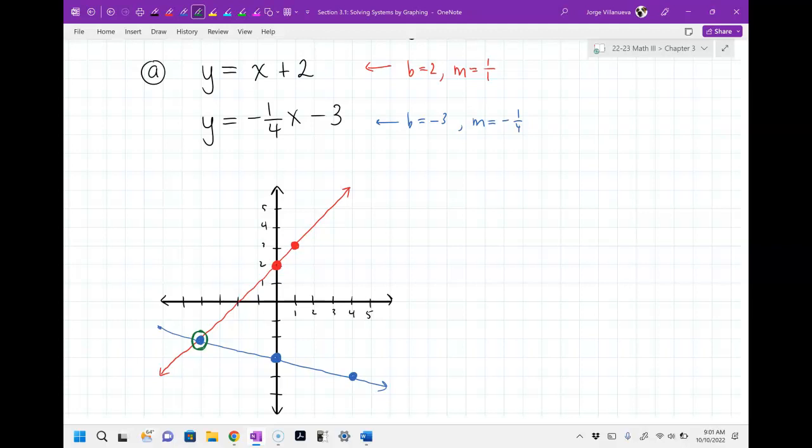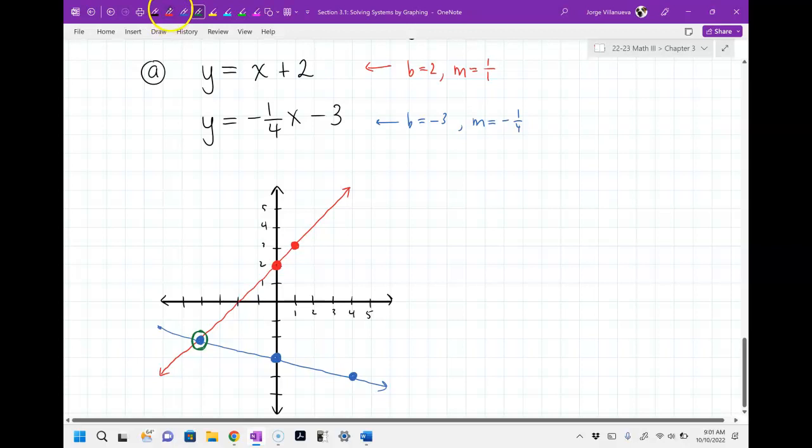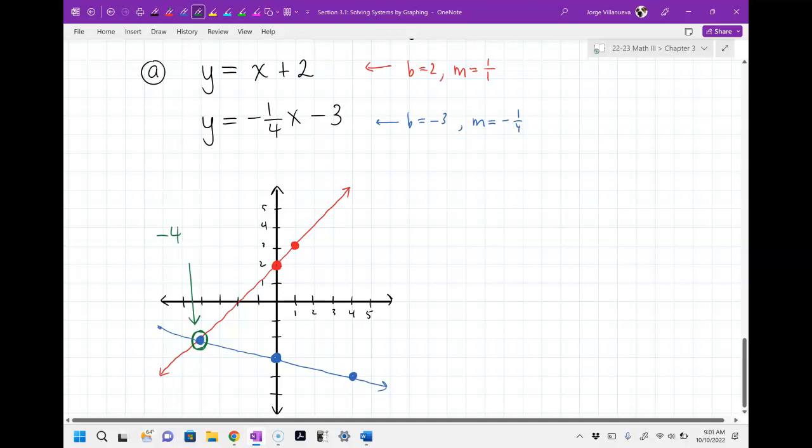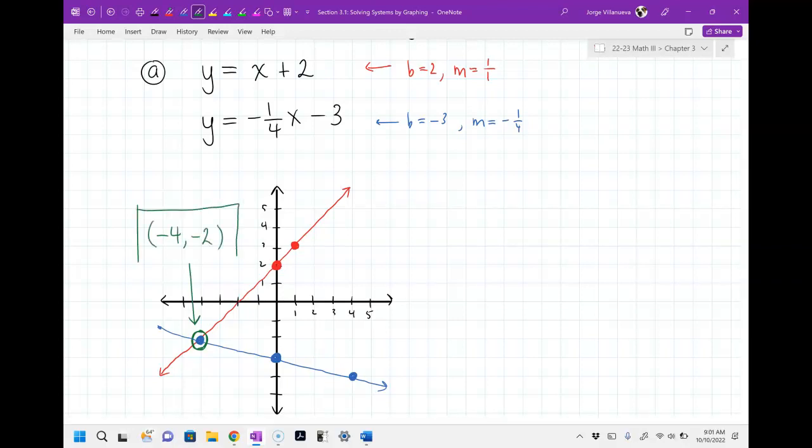Okay, what is that value? What is that number? Let's see. 1, 2, 3, 4. So it's -4, -2. So this point right there is -4, -2. This is your answer to that problem. -4, -2.